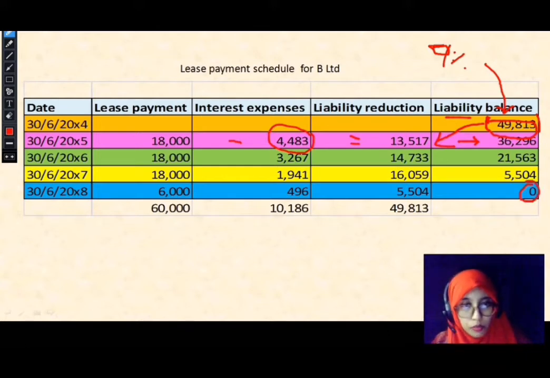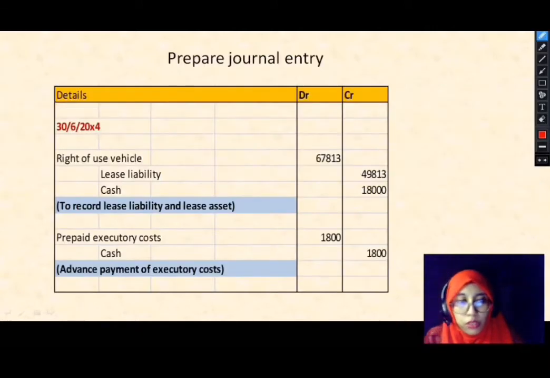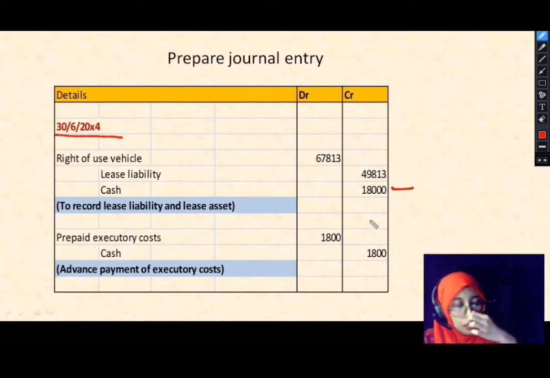Okay, so move on to the next slide. Okay, let's prepare the journal entry. So first of all, in 2000 X4, we need to debit ROU and credit the lease liability and credit cash, because the cash has gone out for the first advance payment for the lease, and we have another 49,813 as our lease liability.